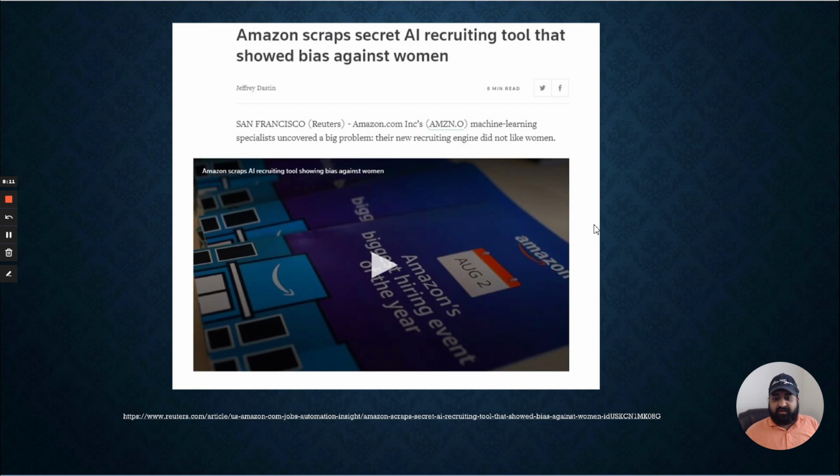When recruiting for jobs at Amazon, it gave women less preference than men, so they decided to scrap it. But why design such a system in the first place? If we have systems that take in biased data, or if the system itself is biased, we need to actively have conscious debates on how we can fix this, or whether we need a system like this in the first place or not.